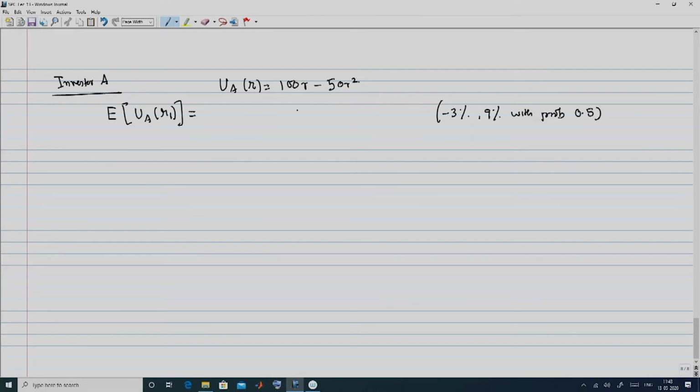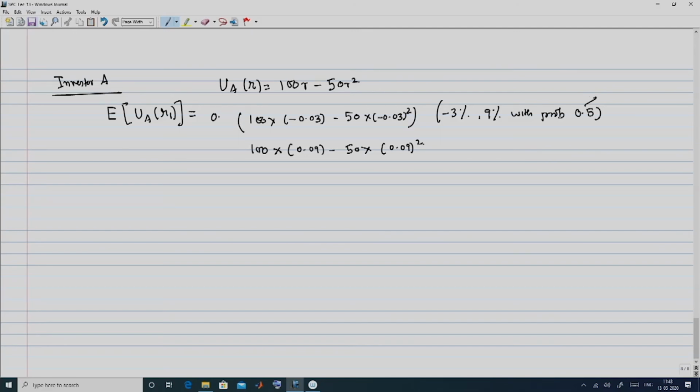So, accordingly the utility in each of those cases is going to be 100 into minus 0.03 minus 50 into minus 0.03 square, and in case of 9% the utility is going to be 100 into 0.09 minus 50 into 0.09 square, and each of these utilities happen with a probability of 0.5.